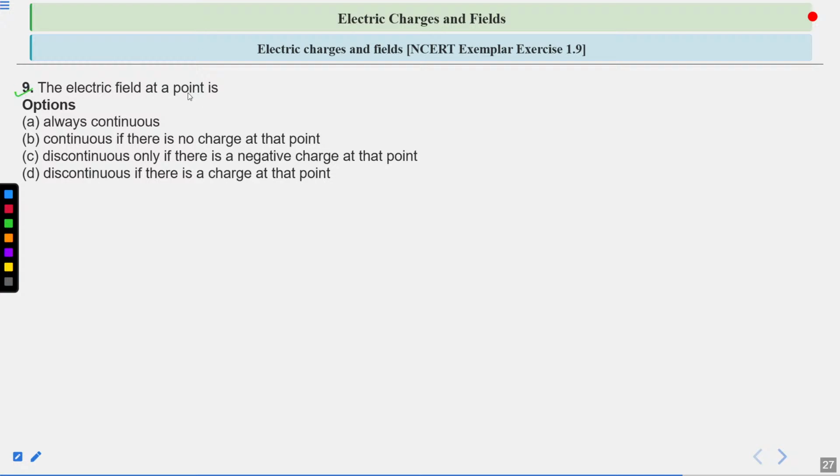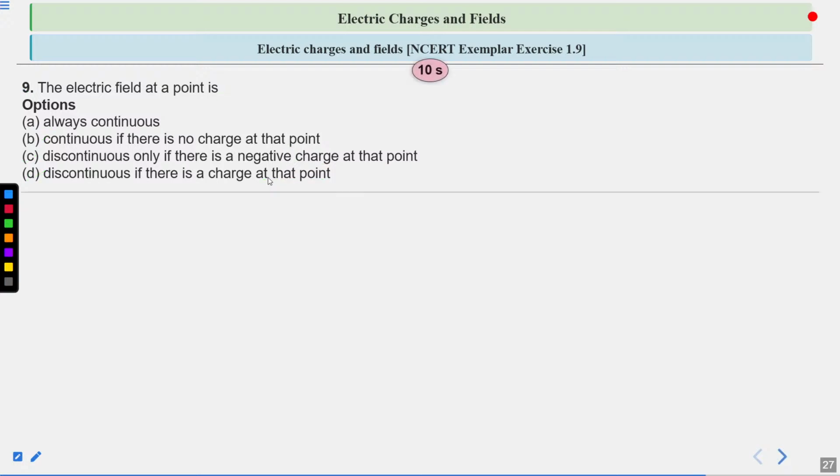The electric field at a point is what? Given options. Option A, always continuous. Option B, continuous if there is no charge at that point. Option C, discontinuous only if there is a negative charge at that point. And option D, discontinuous if there is a charge at that point. So which one is correct?